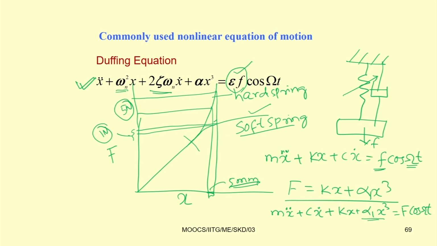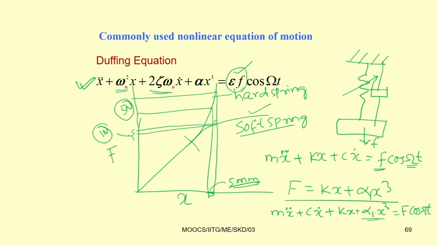So, this is the Duffing equation. In this Duffing equation you can write this equation in this form, that is x double dot plus omega n square x plus 2 zeta omega n x dot plus alpha x cube equal to epsilon f cos omega t. So, using a cubic nonlinear spring, you are writing this way.